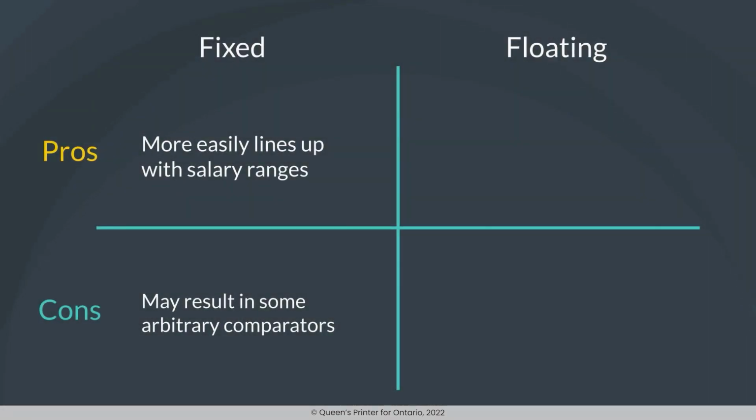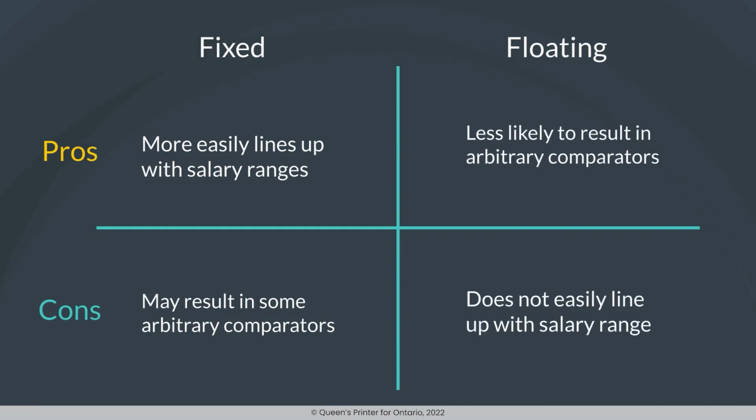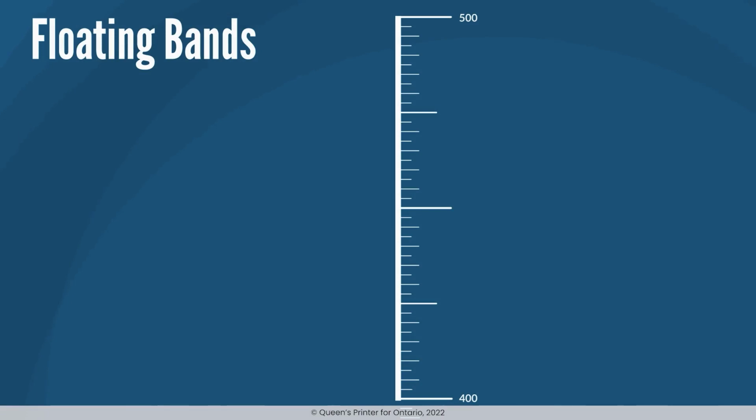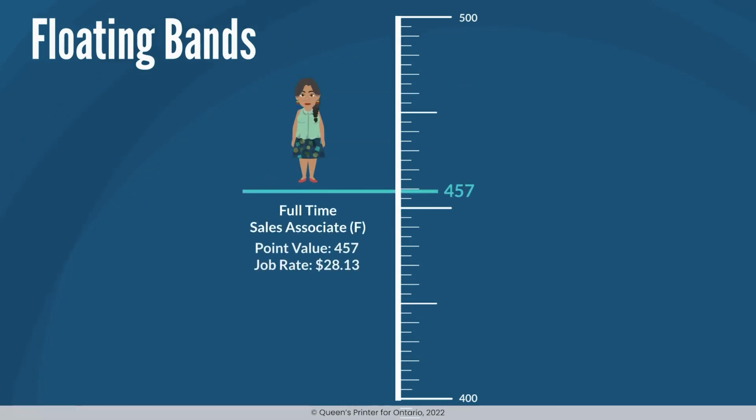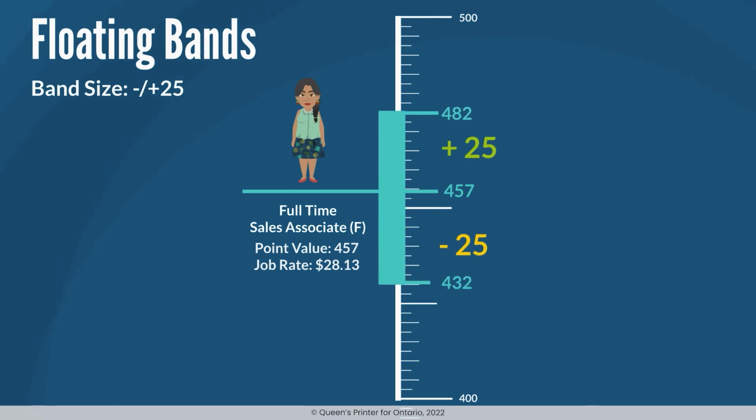The main advantage of floating bands is that the identification of male comparators is less arbitrary. Using the same example of the full-time sales associate job class, and with a bandwidth of 25 points, the male comparator is identified by looking for the nearest male job class within 25 points above or below the 457 points of that class.